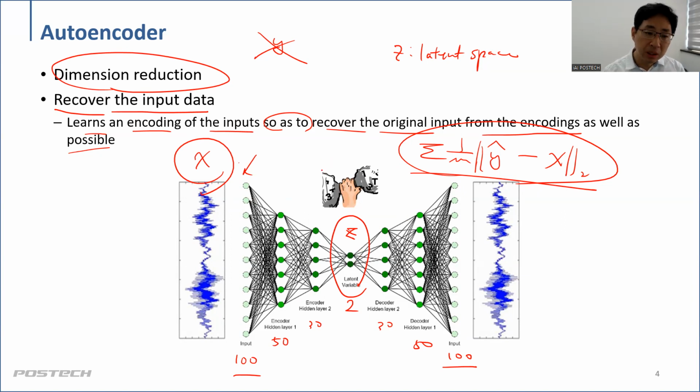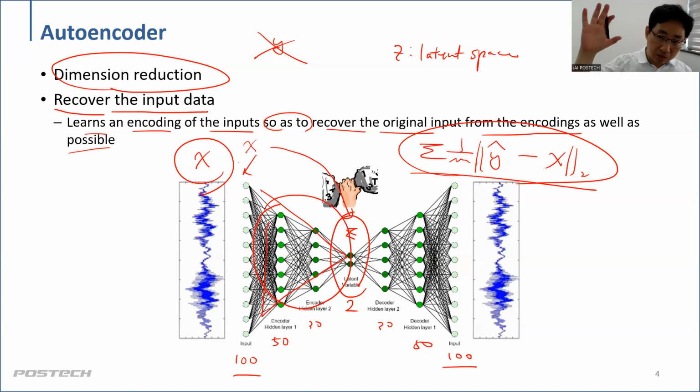Then from X, we build some kind of encoder. Most likely it's going to be compression, dimension reduction, because we set the number of neurons to be smaller than the number of inputs.